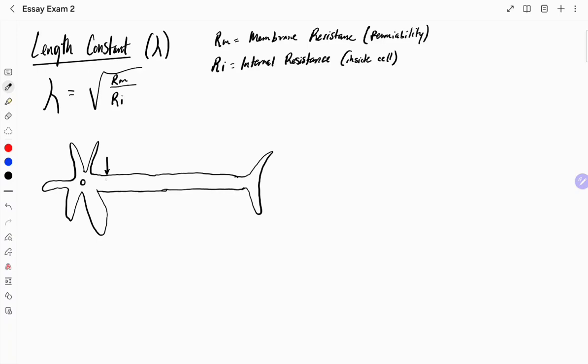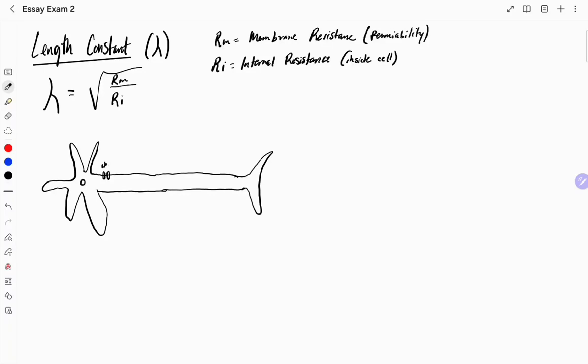If you have a higher internal resistance, that is going to make it more difficult for, actually, let me explain it this way. Let's back up a second. Okay. So, you've got these sodium voltage gated channels, right? And other channels that are letting ions pass through the membrane.